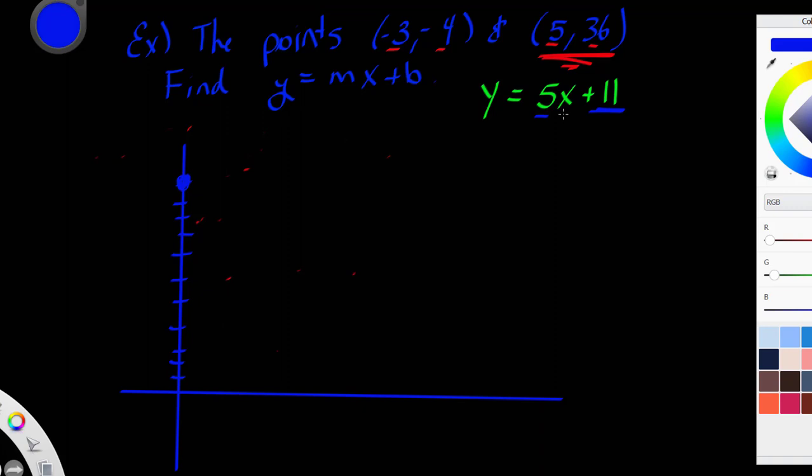And we're also going to have a rise over run of 5. So what that means is we can either go down 5, 1, 2, 3, 4, 5, and then over 1, or you can go up 5 and over 1 in this direction, as long as the line has a slope in the positive direction.